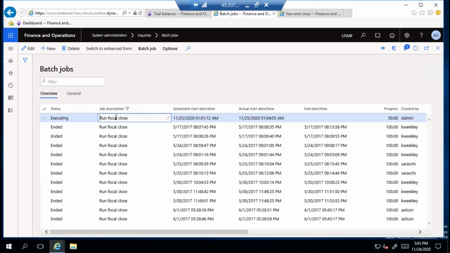So the run fiscal close process is executing. It is showing progress 50%. It will keep on updating and changing the percentage of progress. Yeah, it is progressing, 57.14. It should reach 100%. 66.67. It may take 1 or 2 minutes.